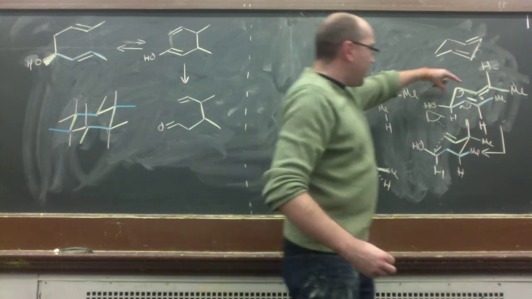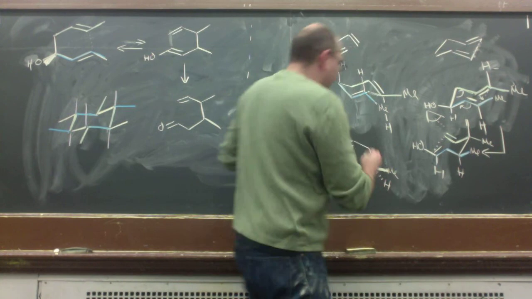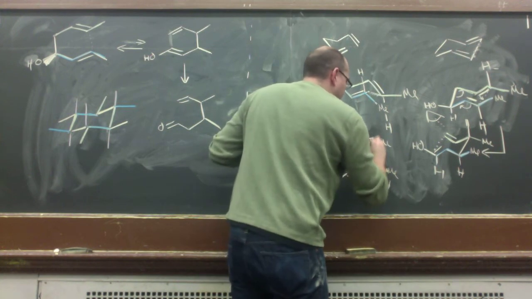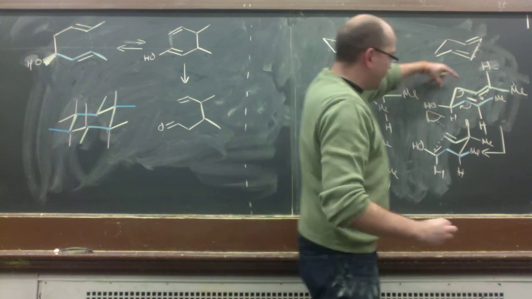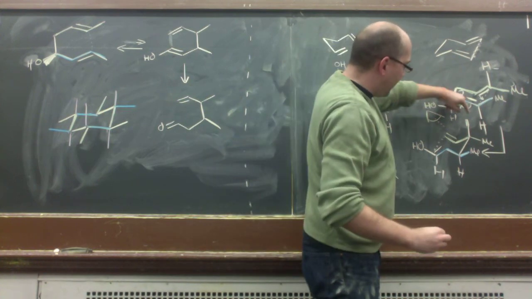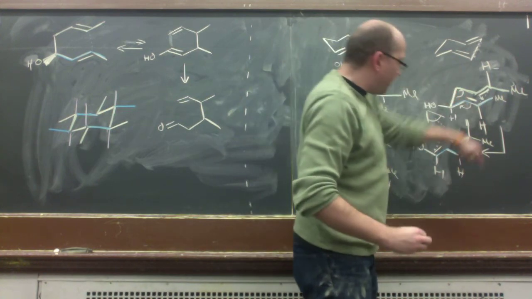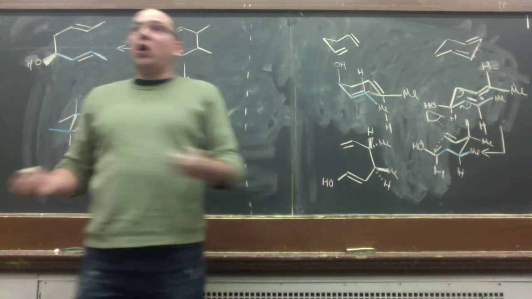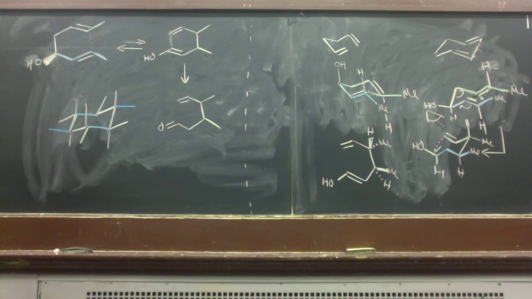And then on the other side, as you're looking down, it's the proton that you see first, followed by this methyl group. So as it's drawn here, you end up having the two groups opposite of one another.